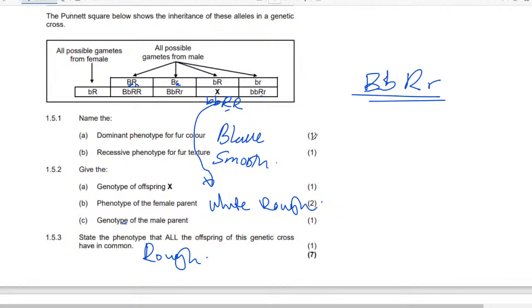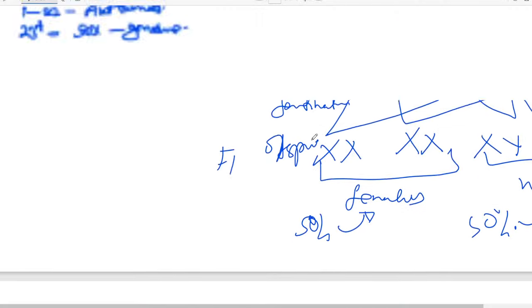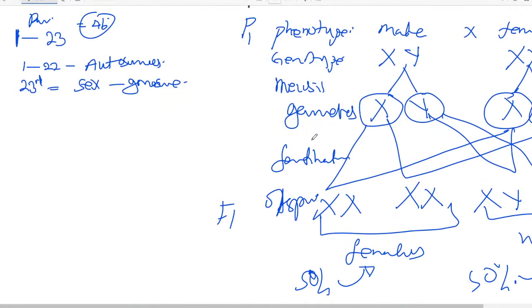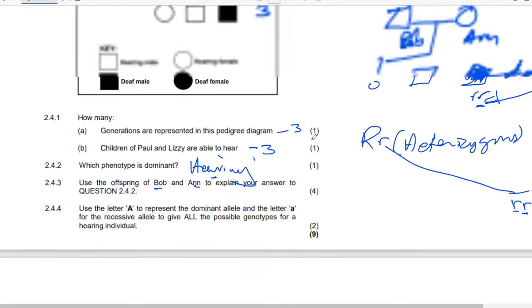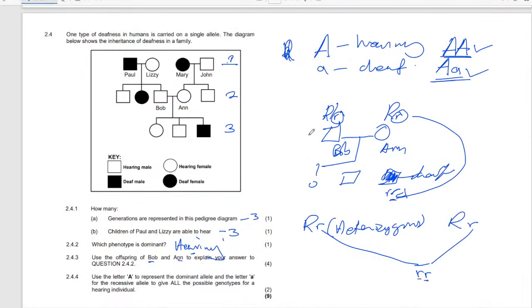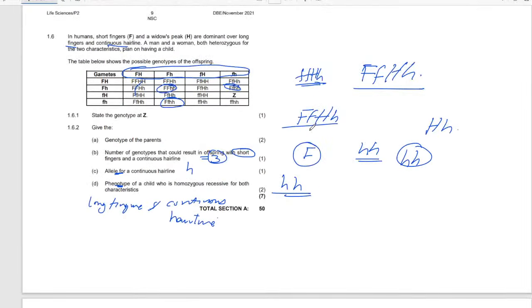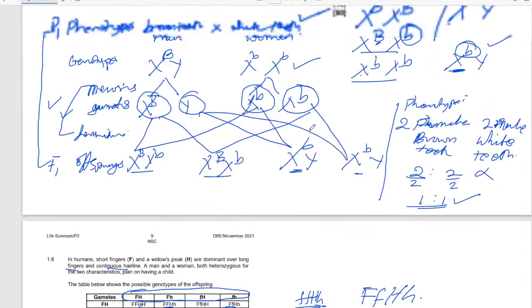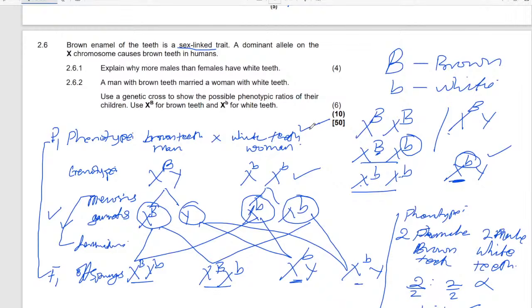That is the dihybrid cross. So we have seen questions of dihybrid cross, sex determination, pedigree where the question is just autosomal, and then more dihybrid with a different example, and sex-linked questions.